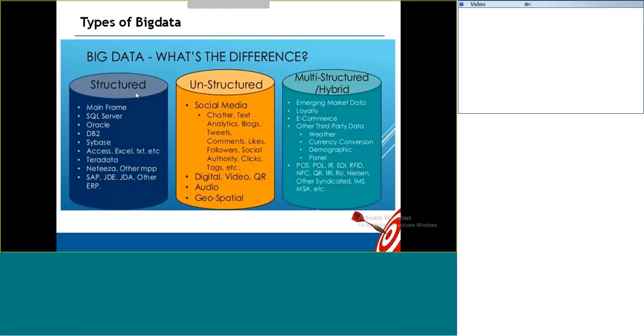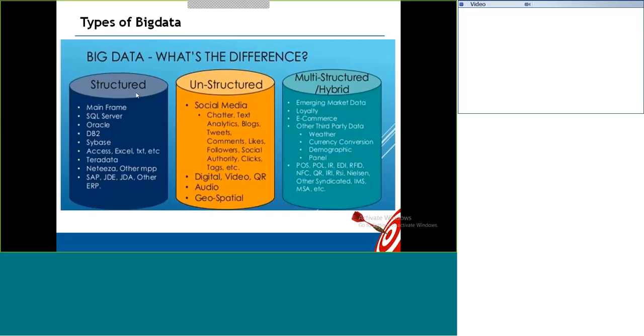That kind of data is structured data. It follows some data integrity rules: first column integer, second column date, third column alphanumeric, fourth column boolean. You expect the data in that manner only. That kind of data is called structured data.